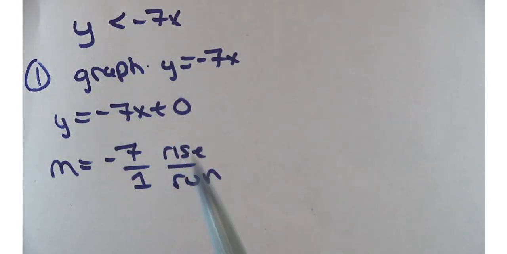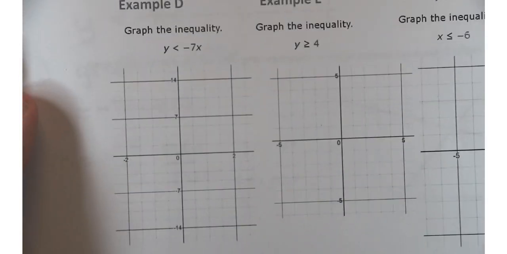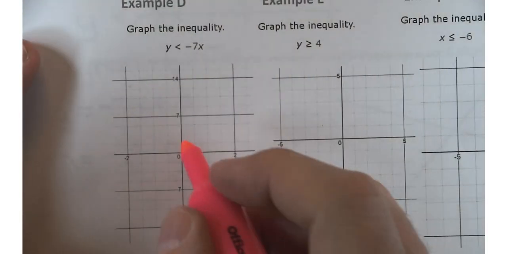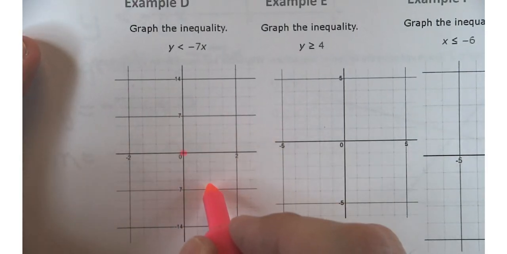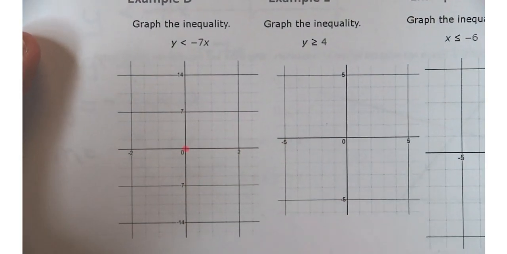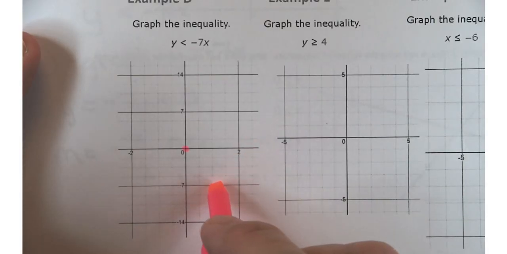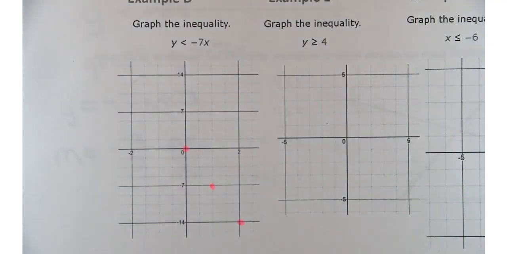What's the y-intercept in this graph? Yeah, the origin, 0, 0. So you can start out at the origin, 0, 0, and then move over 1 and down 7. So that would put you about right here. And then you move over 1 and down 7 again, and you've got a line like that.